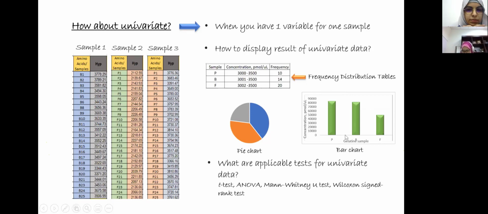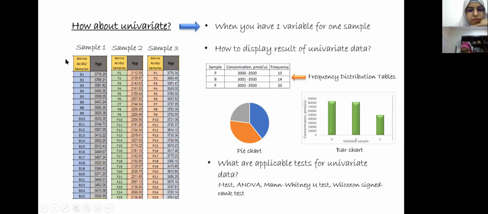You also can set up a bar chart and also a pie chart. If you recall what you have learned previously in high school, matriculation, or bachelor degree, these are the frequent ways of displaying your result. And the tests that you can have are t-test, ANOVA, Mann-Whitney test, and Wilcoxon signed rank test. These are the applicable tests for univariate data.